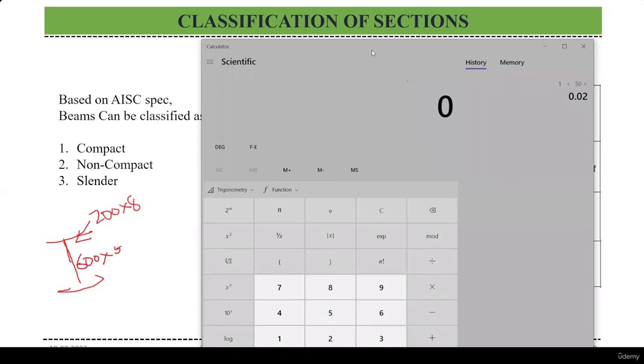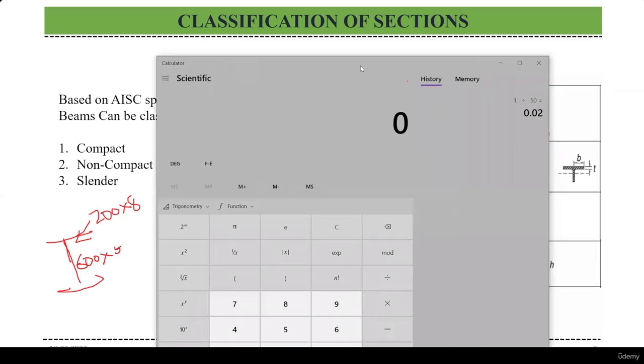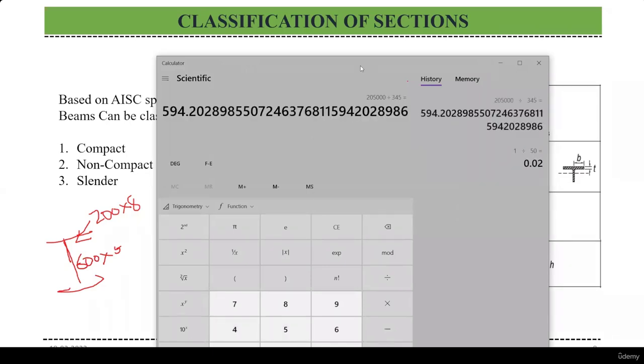So square root of E by Fy, that is 2.05 into 10 to the power of 5 divided by 345, square root of this, gives you 24.38, right?